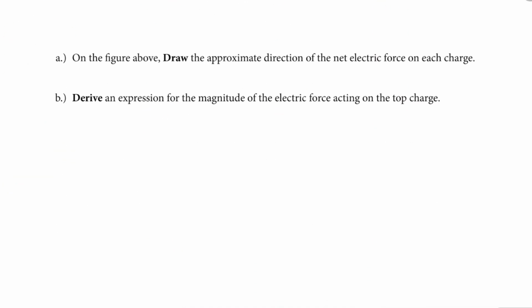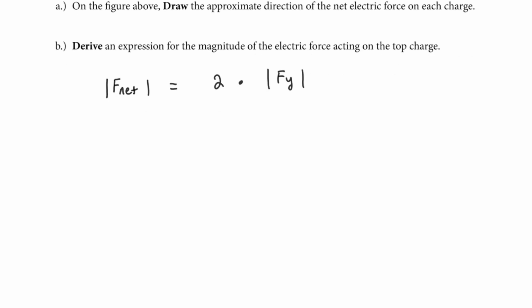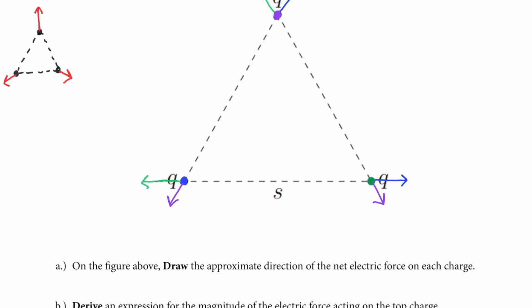So I can begin my derivation by writing that the net electric force is going to be 2 times the y component of the force from one charge. If you're extracting a component, the trick is always to multiply by the full force and then multiply by a relevant angle.